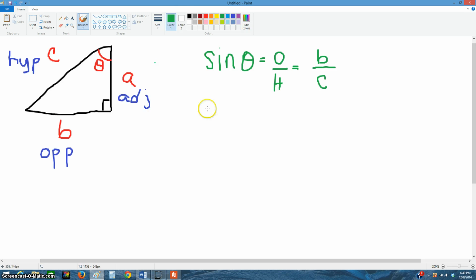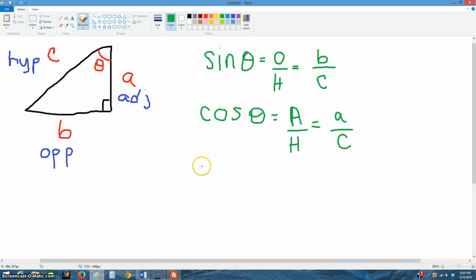Okay, and then we have next, which is cosine of theta. Now, do we remember what the trig ratio for cosine of theta is? It's adjacent over hypotenuse. So if we look at those letters, adjacent represents letter A according to my triangle, and hypotenuse represents letter C according to my triangle.